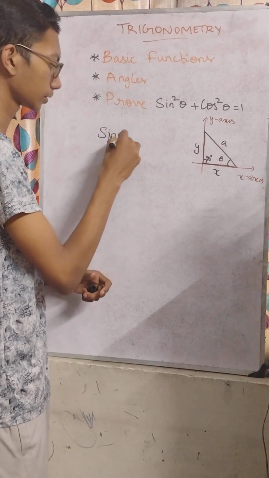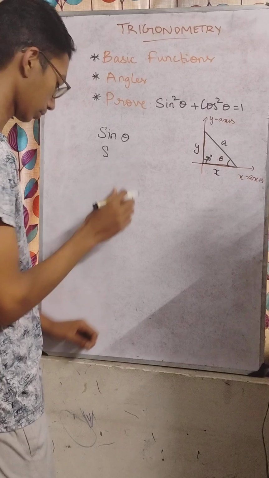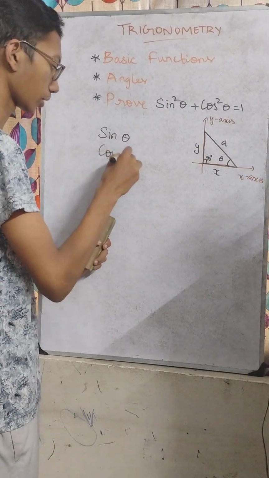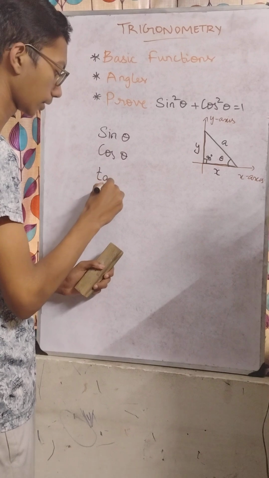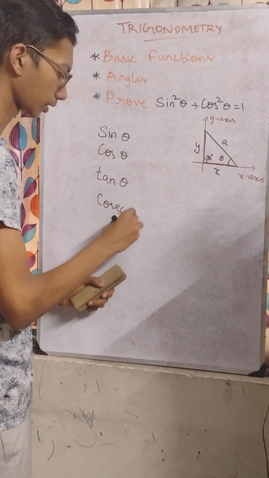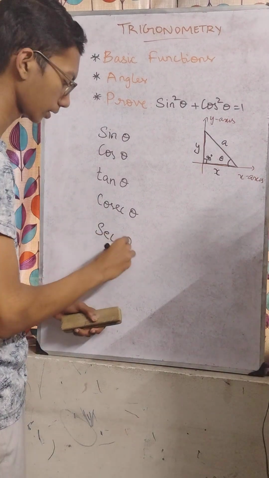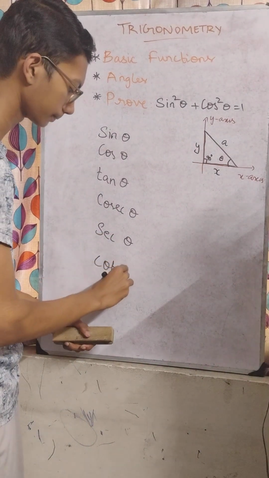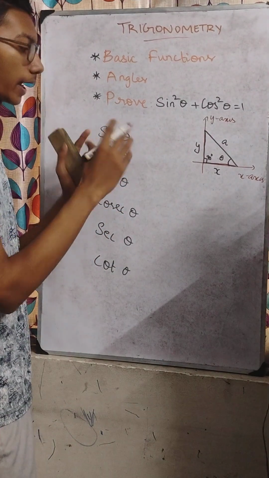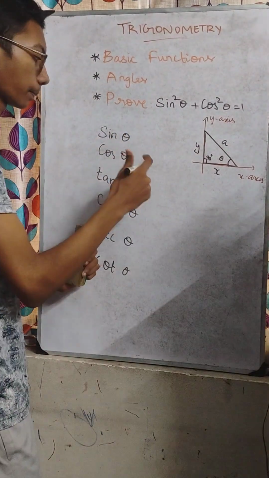The functions in trigonometry are sin theta. There are 6 basic functions: sin theta, cos theta, tan theta, cosecant theta, secant theta and cot theta. From their names we can actually see which functions are pairs.